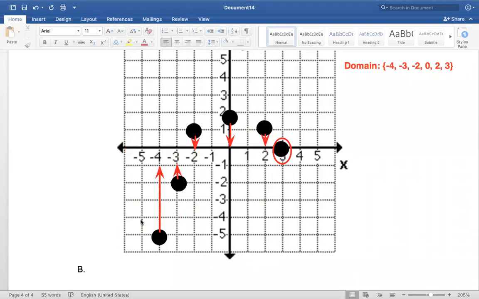Now for range, to finish up, we do our horizontal line, scan upwards. -5 has a dot. Nothing, nothing. There's one at -2.